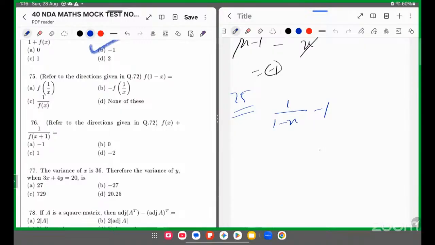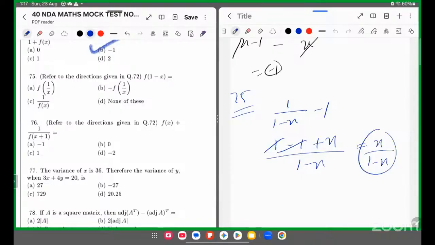So 1 minus 1 plus x divided by 1 minus x. 1 cut. So I can write x by 1 minus x. Question number 75, x by 1 minus x.